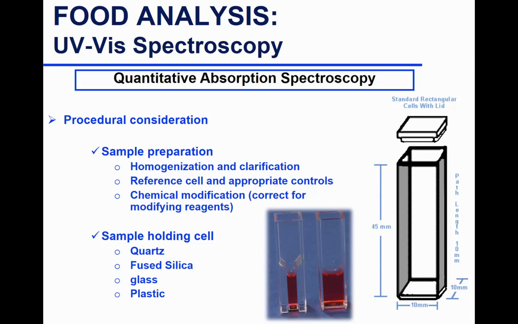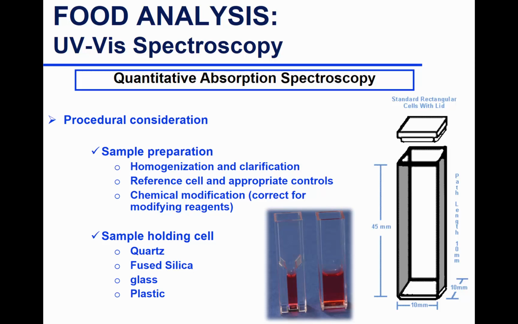This is very important, the sample holding cell, or in some cases you have a microplate reader, so you have a plate instead of a cuvette. So in this case, you want to make sure that your cuvette that you're using is compatible with the wavelength that you're measuring at. So for example, you don't want to use glass when you're measuring at UV.